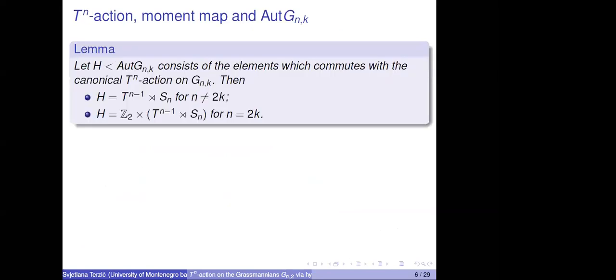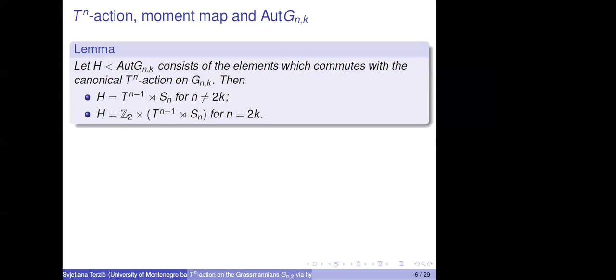And the first thing we want to pay attention to is that we have the action of T^n, we have the compact moment map which is invariant, and how these are related to the automorphisms of the Grassmannian G_{n,k}. There is first a remark, a lemma: if we consider those automorphisms of G_{n,k} which commute with the canonical T^n action, then this subgroup is just a semi-direct product of the torus T^{n-1} and the symmetric group S_n, which acts by permutation of coordinates, when n is not equal to 2k.